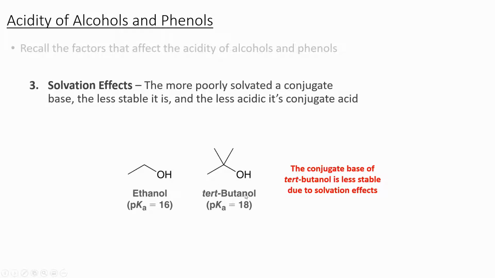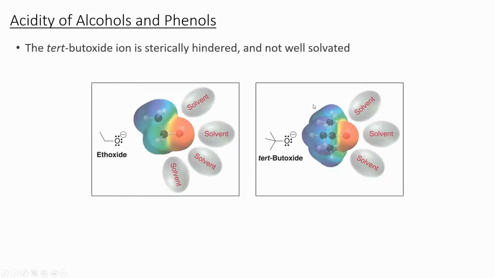And so if we have an O minus here, because of the steric bulk of the tert-butyl group, it's going to be really difficult for it to interact with other molecules. So we have a higher pKa. This isn't a huge difference between the two, but it's about 100-fold, right? 2 pKa units, so 100-fold less acidic because of the steric bulk of these two additional methyl groups.